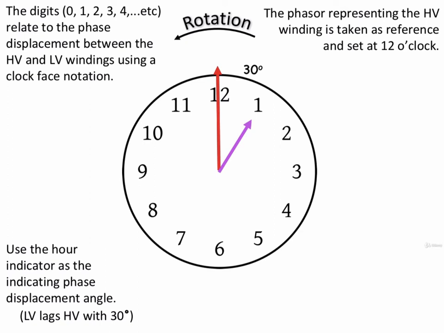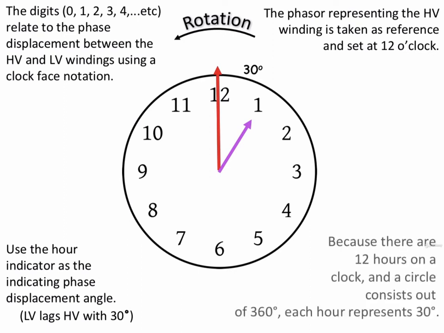We use the hour indicator as the indicating phase displacement angle. Low voltage lags the high voltage by 30 degrees in this instance. Because there are 12 hours on the clock and a circle consists of 360 degrees, each hour represents 30 degrees.